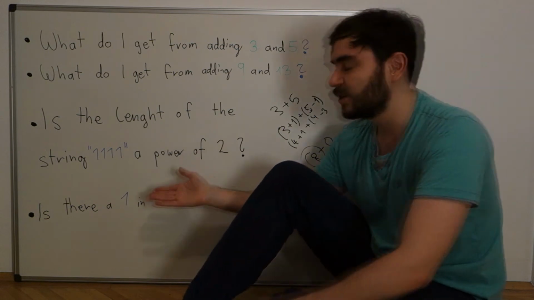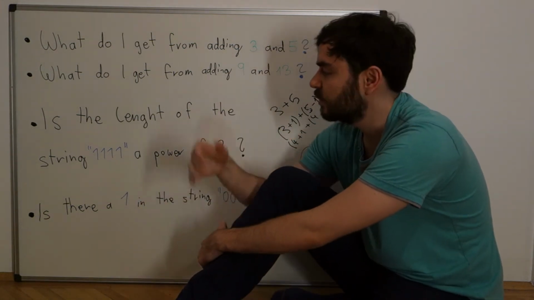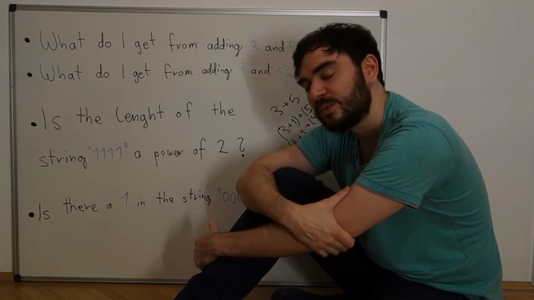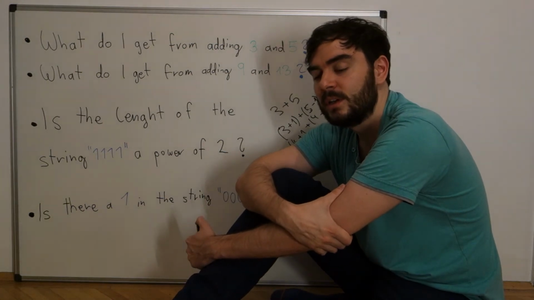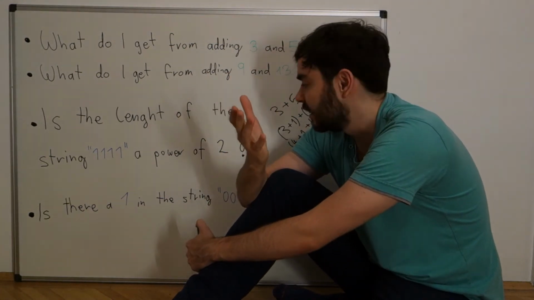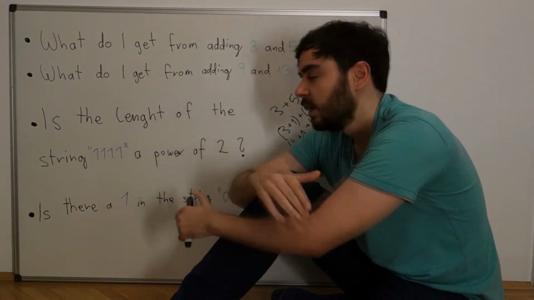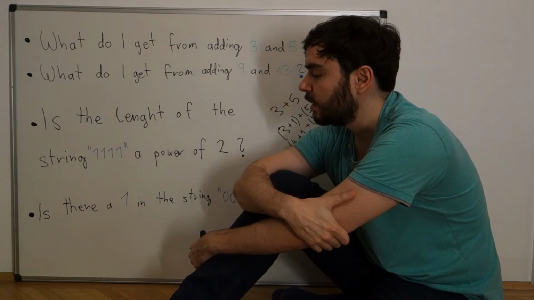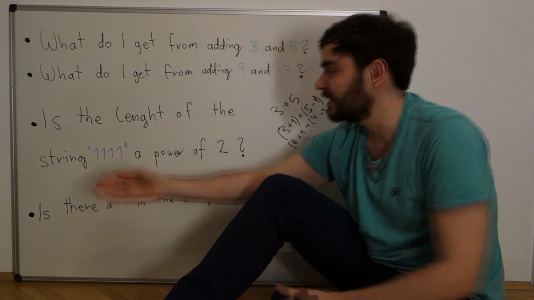But here, you can solve it in your brain. But if I give you a huge string, which is 2 to the power of 30 plus 1, you have no way of seeing that it's a power of 2, and so you have to rely on some counting, right? And again, there is a way of constructing a Turing machine, as I have basically shown you before, that does exactly that.